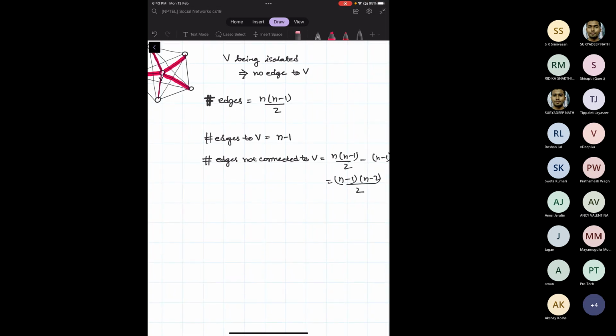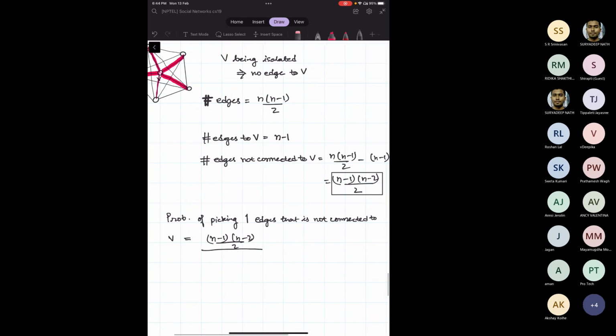Now let us consider the probability of picking one edge that is not connected to V. We'll have to pick this number of edges, n into n minus 2 by 2, and the total we could have picked was n into n minus 1 by 2.